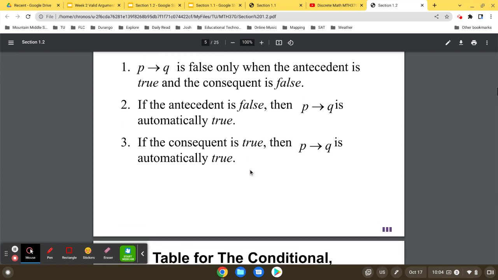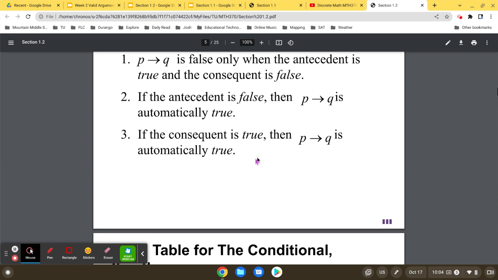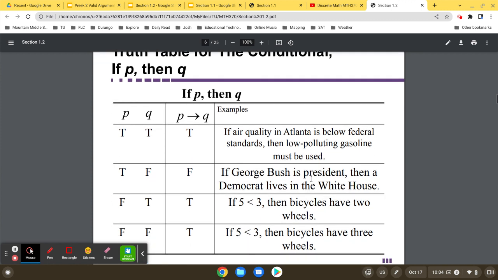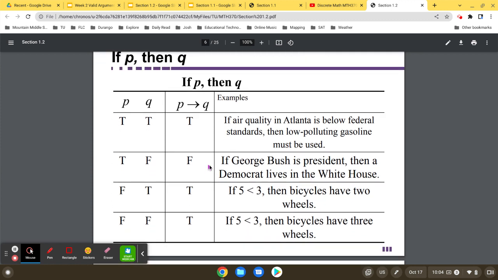Let's see if the consequence is true, and then you know that at the end, no matter what, it's going to be true. So let's take a look at what that looks like. There's really only one scenario where this comes out to be a false statement, whereas with our other truth tables, the conjunction and disjunction, that wasn't the case.